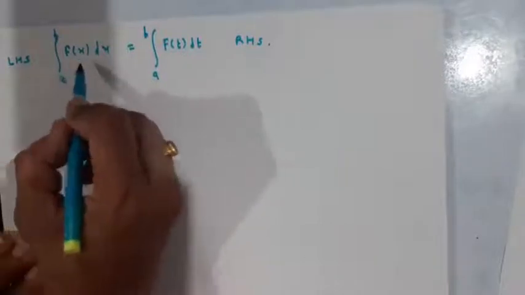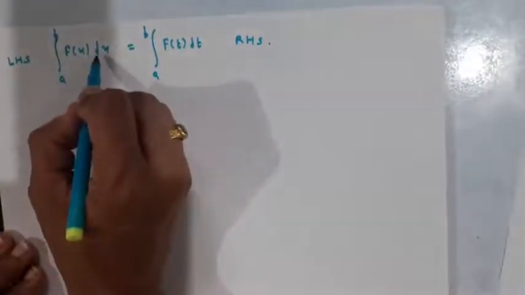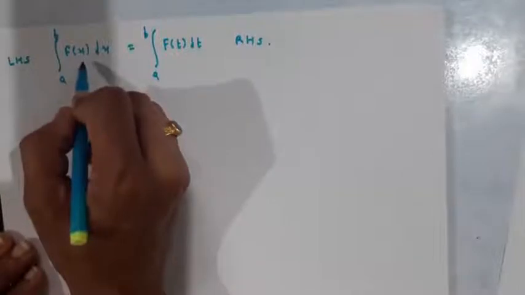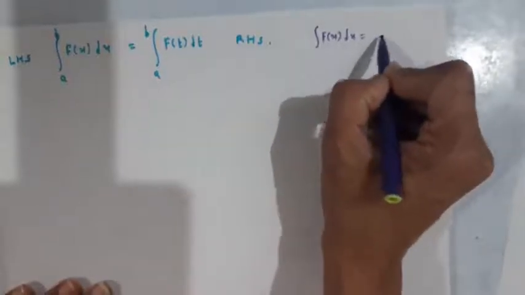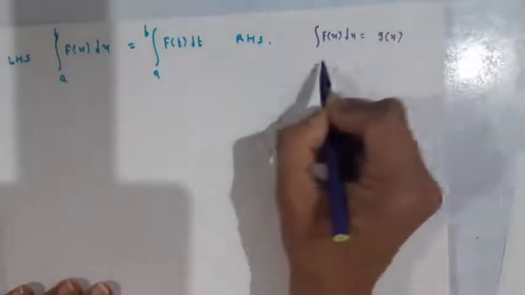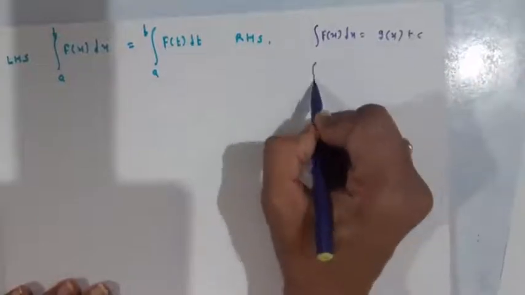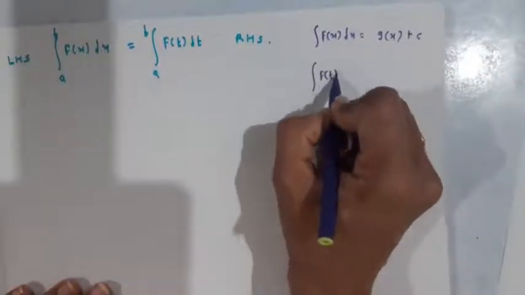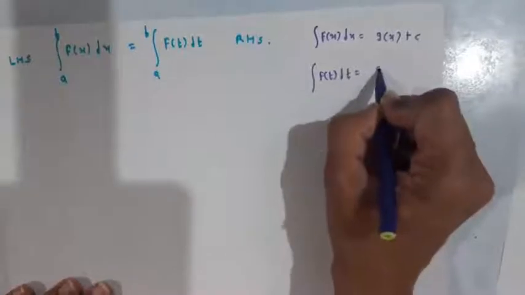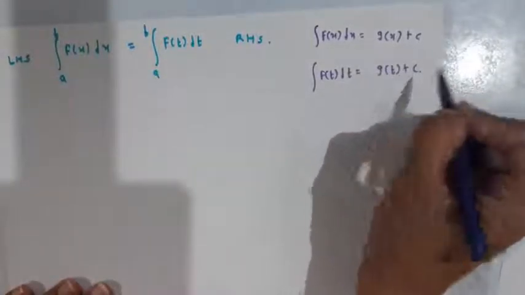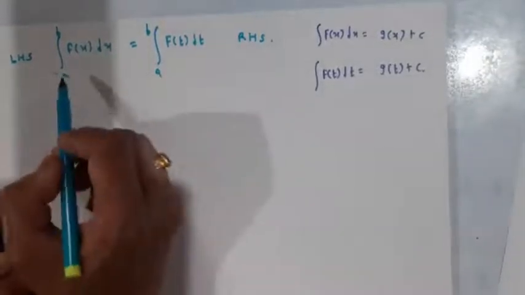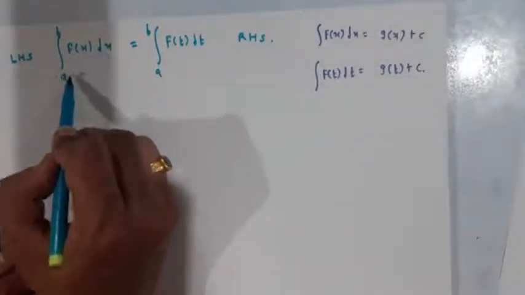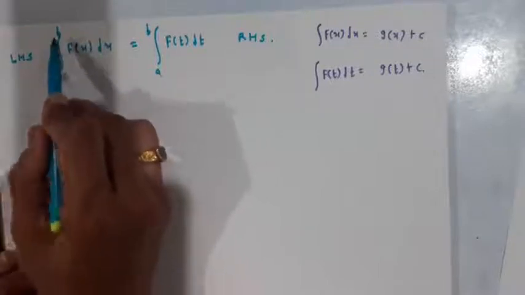Suppose the integration of f of x dx is g of x. Suppose the integration of f of x with respect to x is g of x plus c, and the integration of f of t dt is g of t plus c. Now put the values here. So LHS will become the integration of f of x dx with limits of integration a to b.